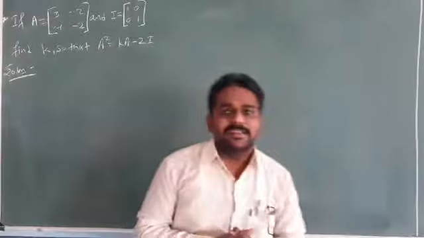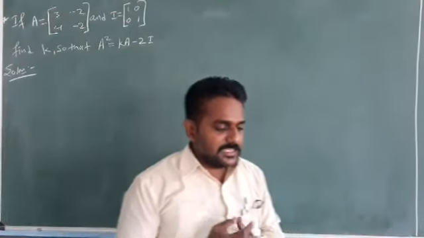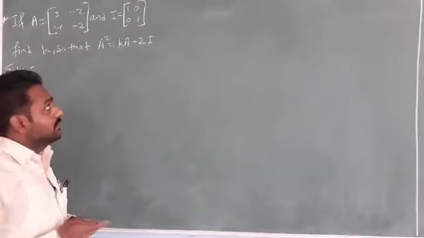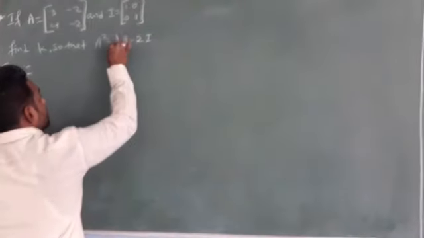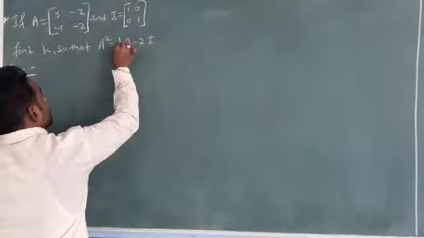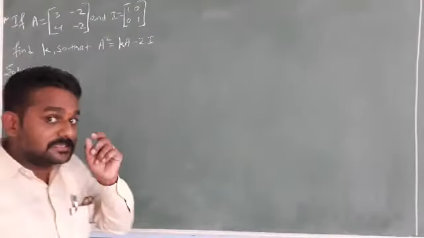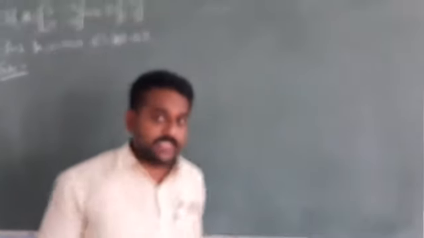No, it is not a matrix here, students. K is a certain scalar quantity. Because we know the matrix is denoted by capital letters, but here they mention small k, so it must be a scalar quantity.